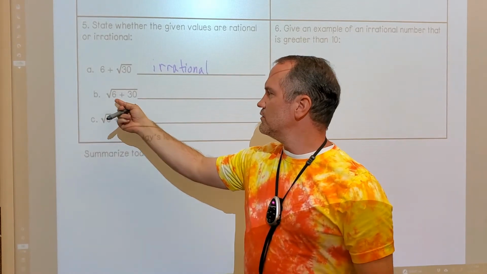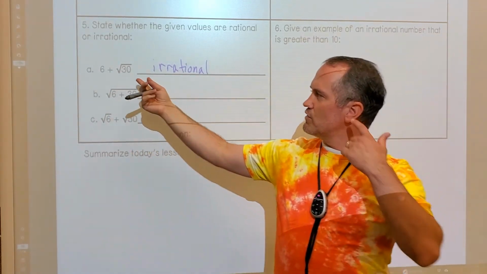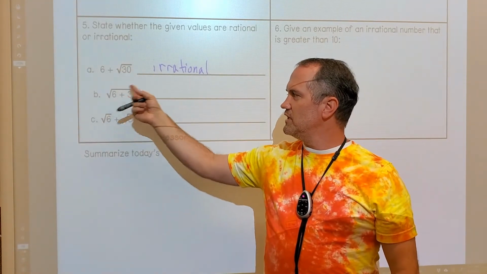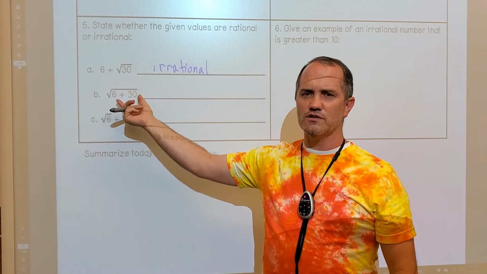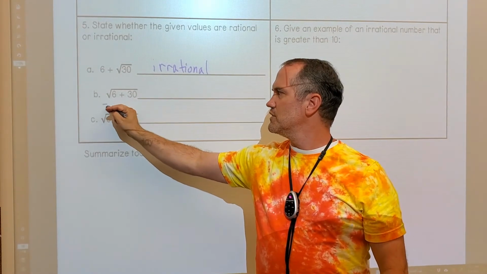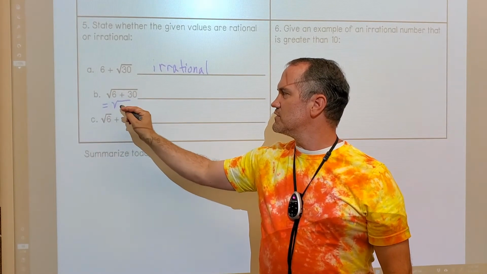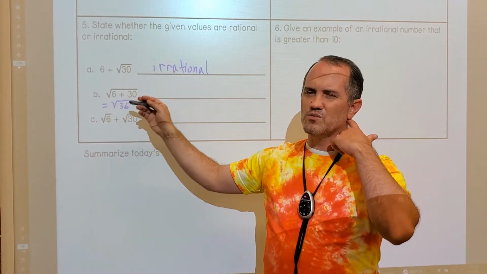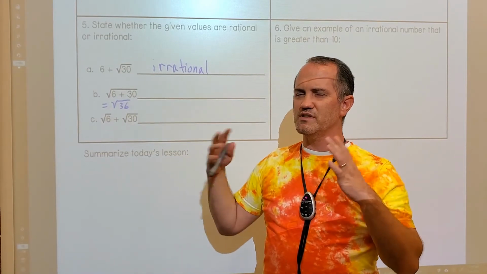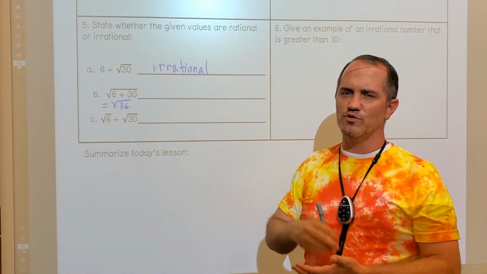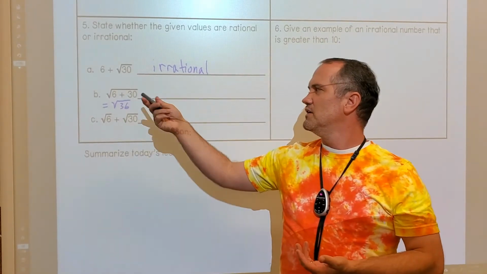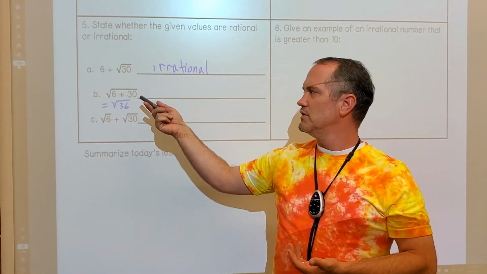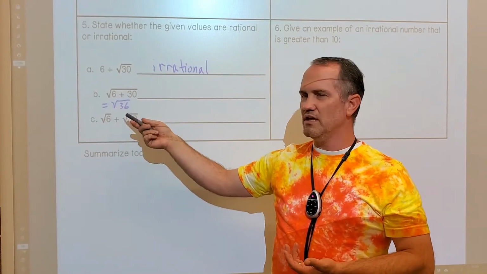Now this one here, order of operations says we need to do the thing inside first. That actually equals the square root of 6 plus 30, which is 36. Now we can take the square root. This is where we had nuance with Please Excuse My Dear Aunt Sally: parentheses, exponents, multiply, divide, add, subtract. Because this is grouped together underneath the radical, we do the inside first, and then we take the exponent.